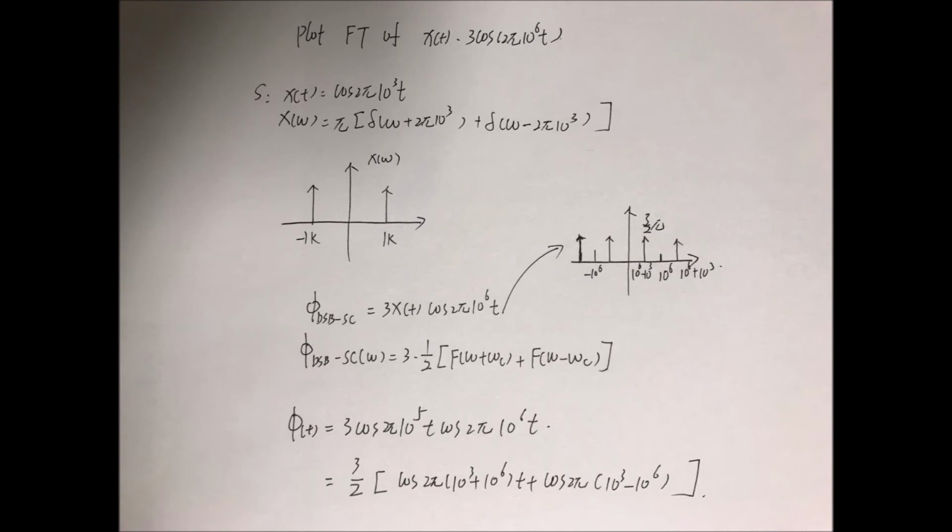You can also do it this way, and for those two different sinusoid signals, from the Fourier transform I have 2 impulses for this one and another 2 impulses for this one. The final answer will be the same. So we have 4 impulses here and over there. With sinusoids you can always do that. But if my signal is a general signal, you can use the property of amplitude modulation.